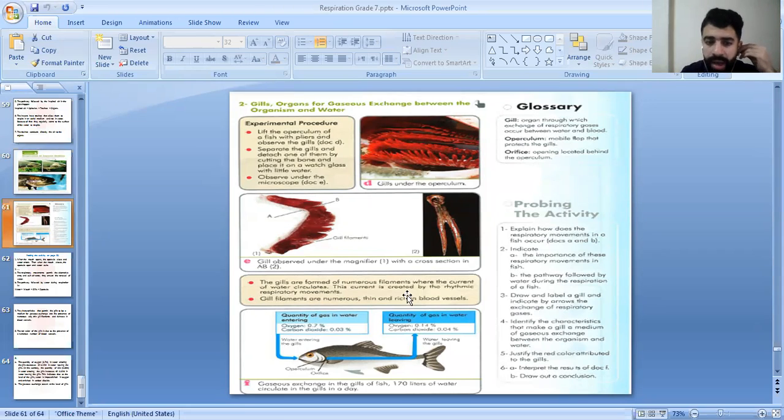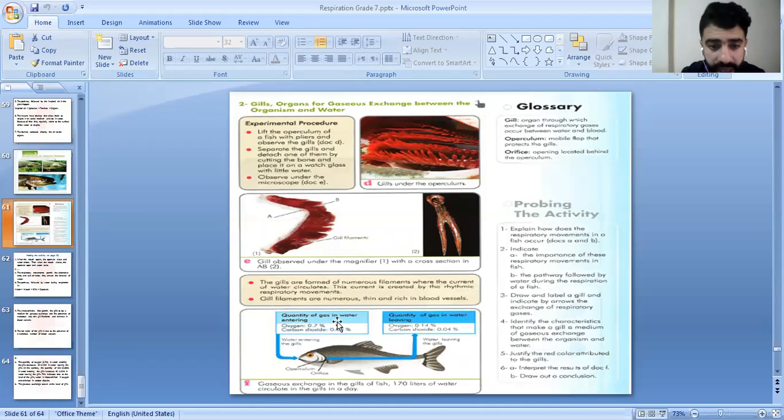Let's see this table, this figure showing the gas exchange at the gills of the fish. 170 liters of water circulates through the gills. Imagine this, 170 liters is approximately 100 large bottles of drinking water.